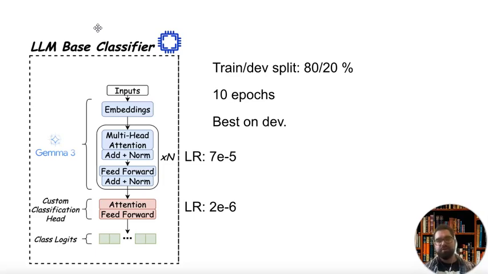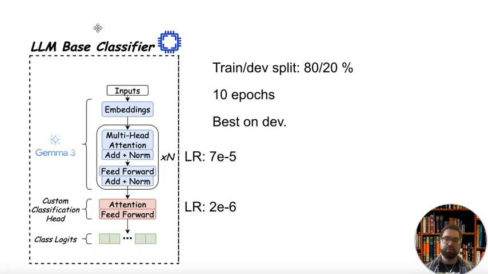Before we trained, we separated our publicly available dataset into train and dev, with 80% going to train and 20% going to dev. We trained models for 10 epochs and selected the best on the dev split. Overall, for learning rate, we used 7.5 for the original Gemma layers, and for our custom ones, we used 2E-6.